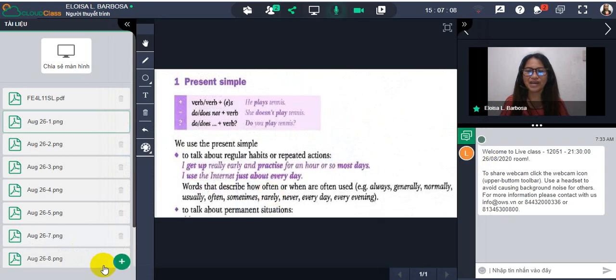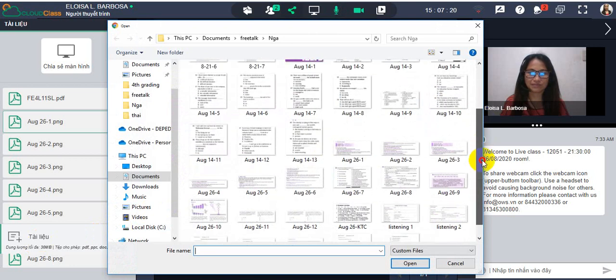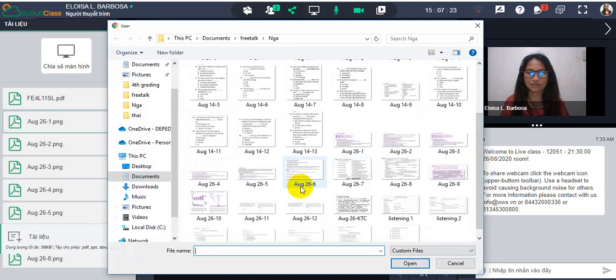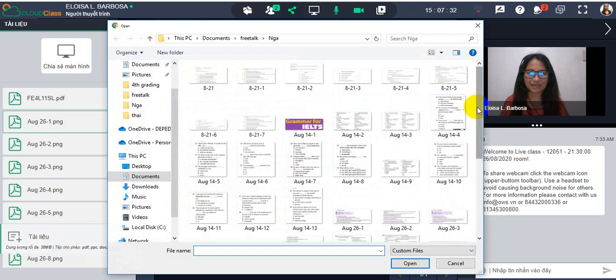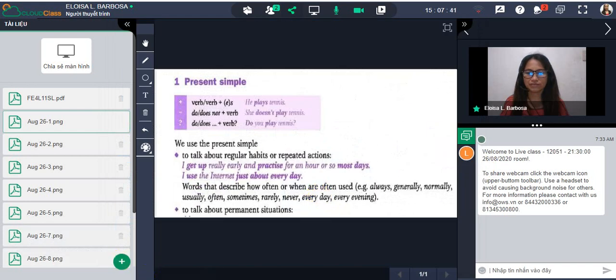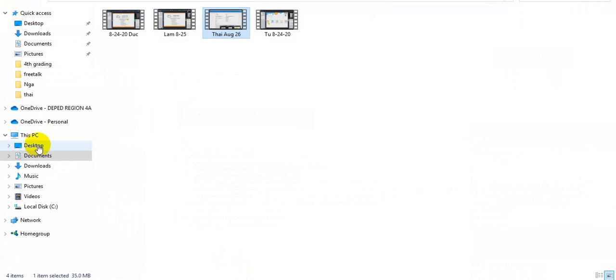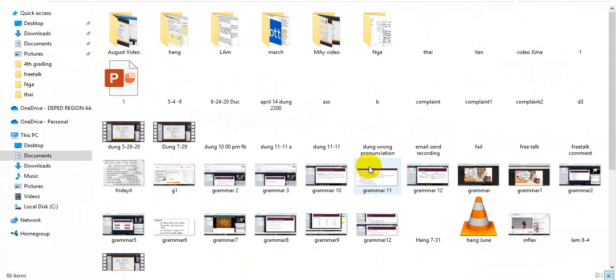So it could be also, aside from it is habitual, what else when you say present tense? Yes, very good.